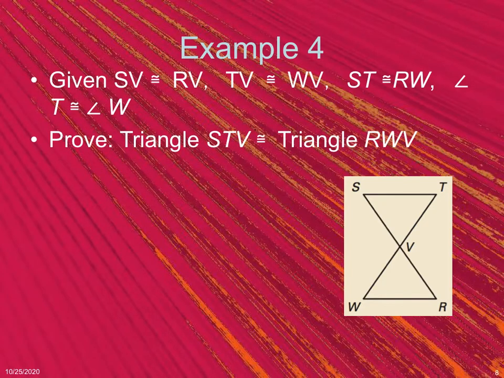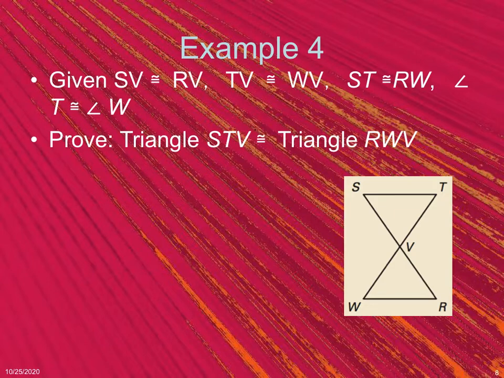Try practicing a proof. We will be proving a lot of triangles congruent in this chapter. Now, whenever you're given a picture and some given information and the picture isn't labeled with the given, my recommendation to you is to go through and label everything that's given to you.